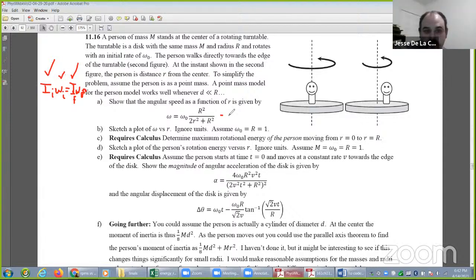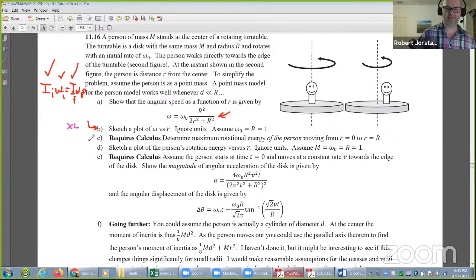So can we very easily get this part? Yes. Sweet. How would you plot this in part B? What would you do to plot it? Excel. Excel, right? Don't overthink it.